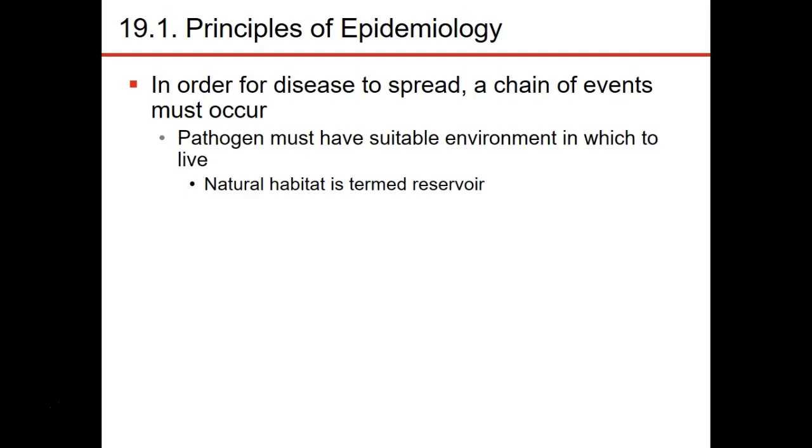And so the natural habitat for a pathogen is called its reservoir. My example of a reservoir that I always talk about is rats and Yersinia pestis. Rats are the natural reservoir for the bacterium that causes the plague.